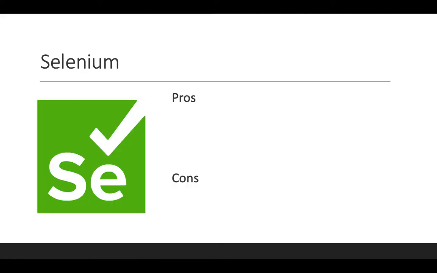The next one is called Selenium, and the interesting story about Selenium is that, first and foremost, it was developed to facilitate automated web testing. But then, as time passed, it found the label of being a web scraper as well. This makes Selenium quite versatile because it could be used for automated testing and at the same time for web scraping.